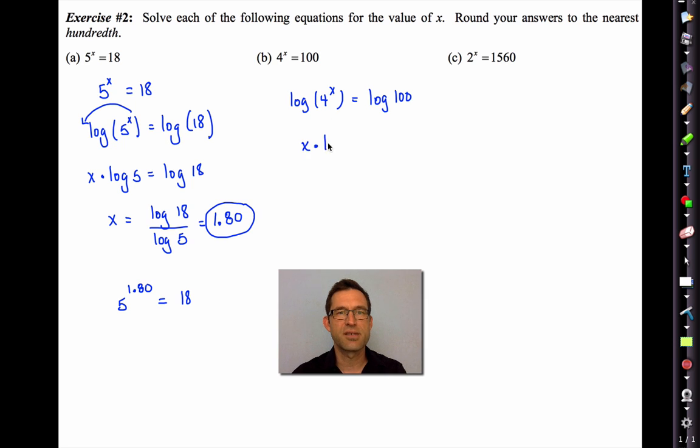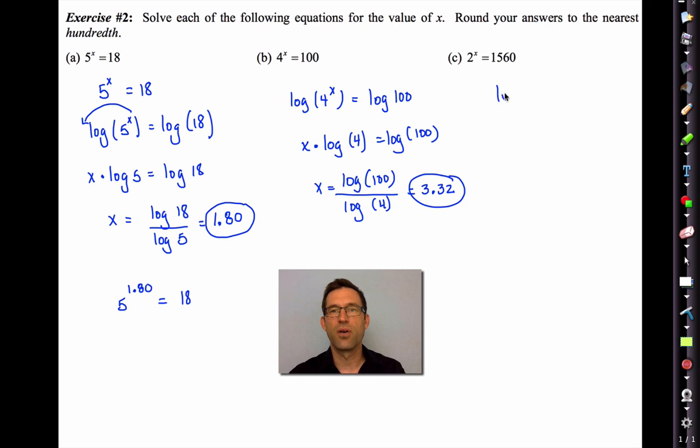I can pop that x out now. The log of 4 times x equals the log of 100. And x is the log of 100 divided by the log of 4. Which, if we work that out on our calculator, can't do it in my head, is about 3.32.